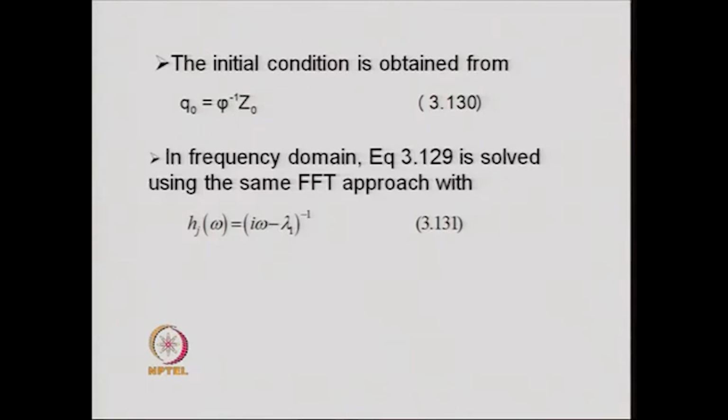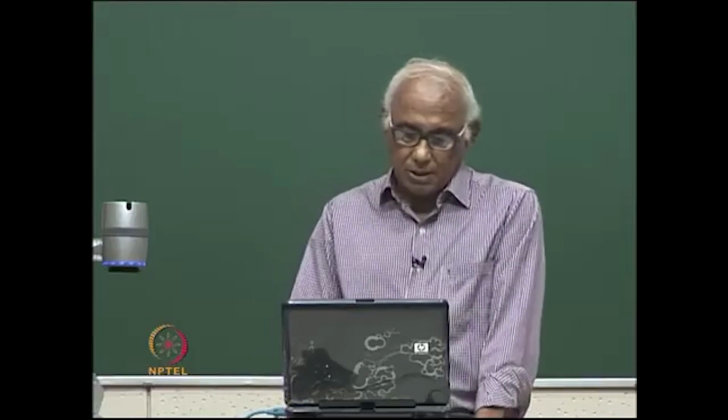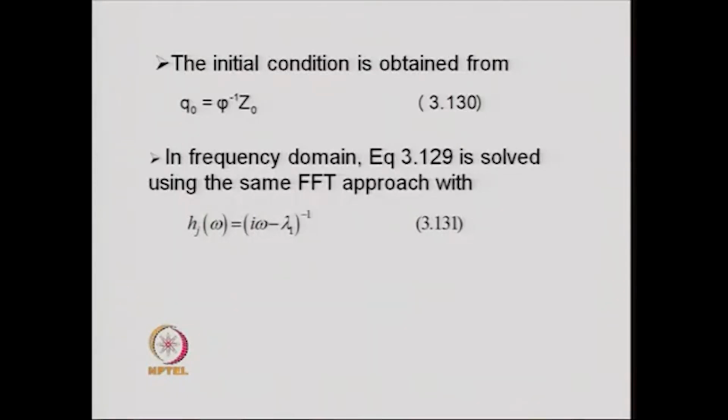In fact, in the same way we should find out the initial condition for all the modal equations that we have shown for the second order differential equation that we solved before. So, both in the case of a state space analysis and the usual second order solution of the coupled second order differential equation, we need to find out the initial conditions corresponding to the generalized coordinate, and for the actual coordinate we know the initial conditions.